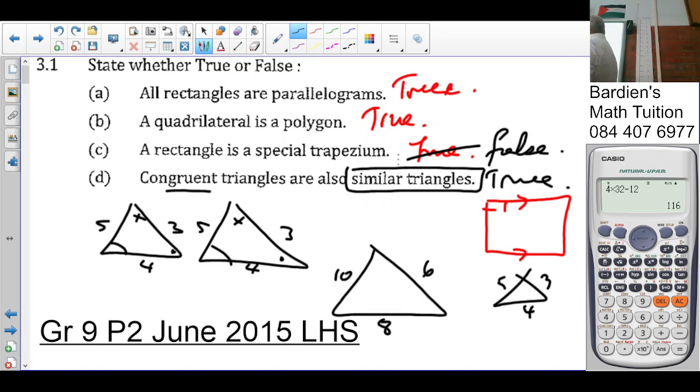So those triangles are similar. How do I move from 3 to 6? Times 2. Why are we multiplying? Because the sides are in proportion. If triangles are similar, sides are in proportion. So are all congruent triangles similar? Yes. Are all similar triangles congruent? No. So this statement is true. 100%.